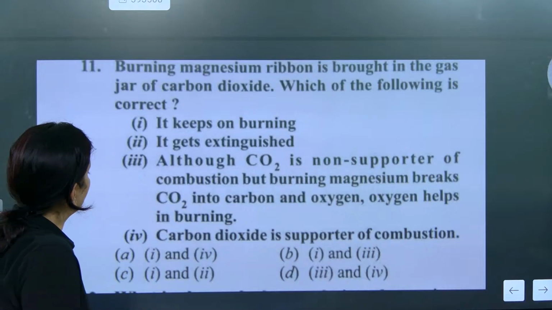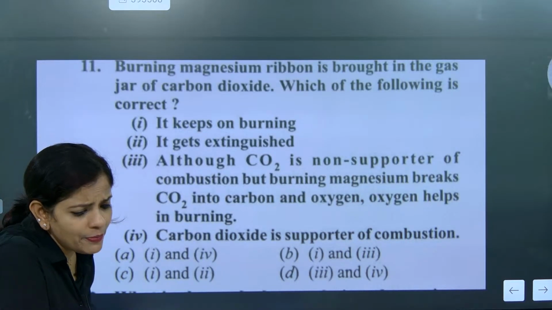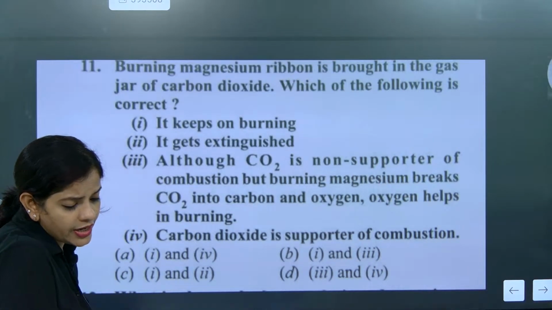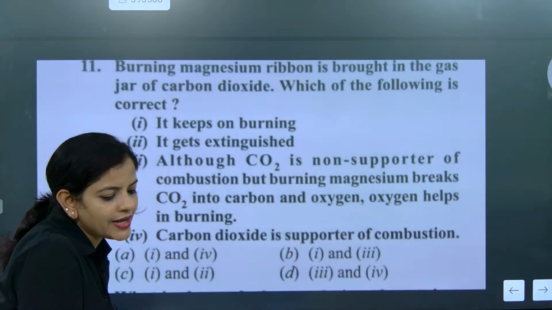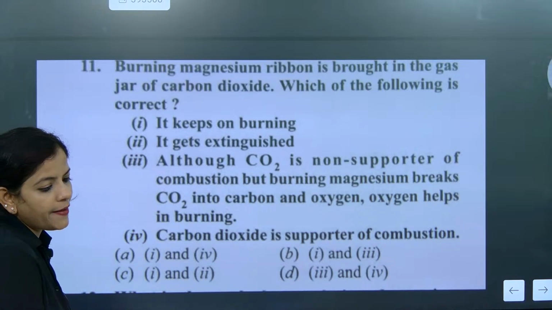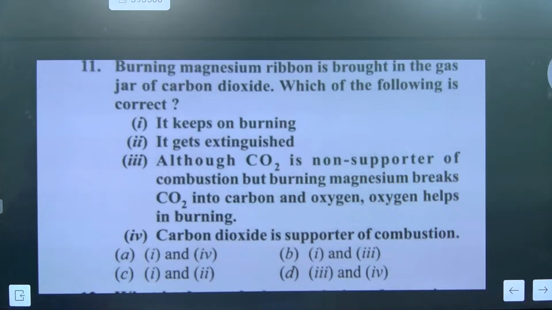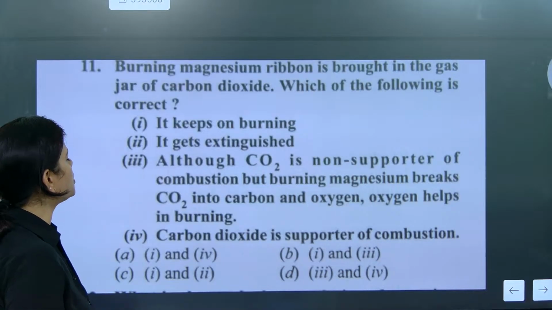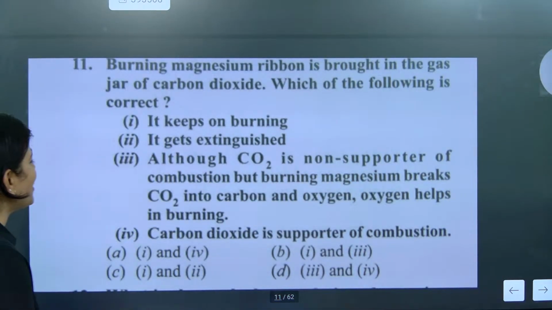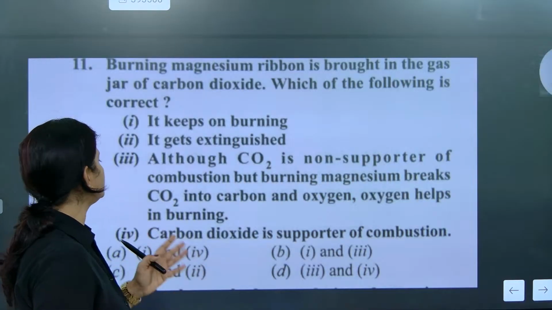Think very nicely and give the answer for this. Will it keep on burning? You just think, will it be continuing its burning process or is it going to be extinguished? That's the first part. The second part says that although carbon dioxide is a non-supporter of combustion, burning magnesium breaks carbon dioxide into carbon and oxygen, and oxygen helps in burning.